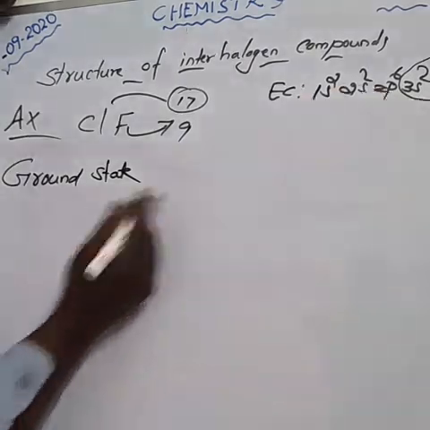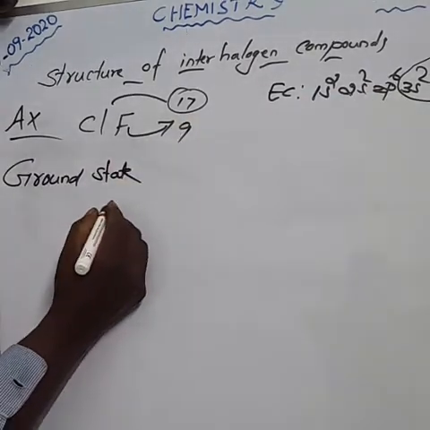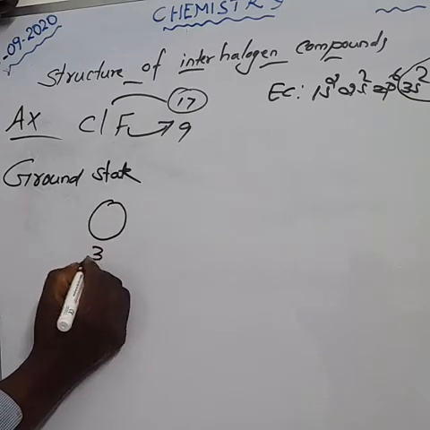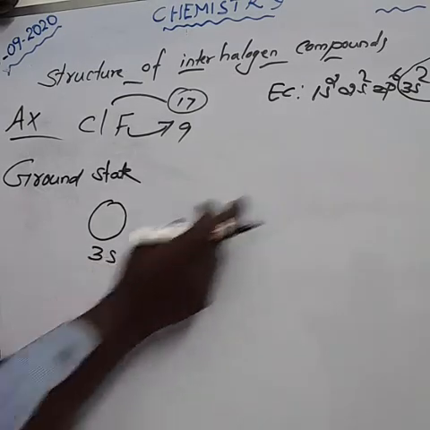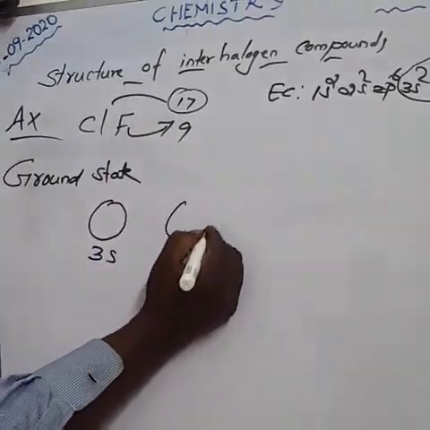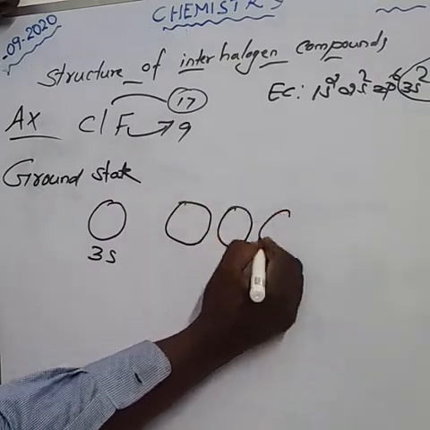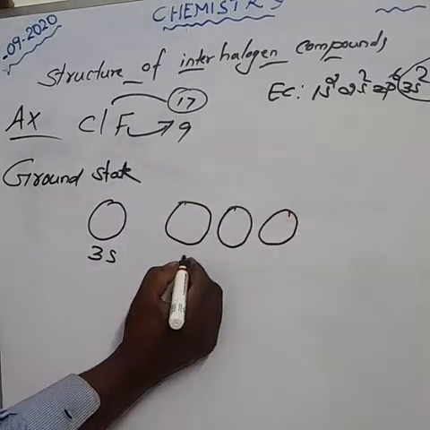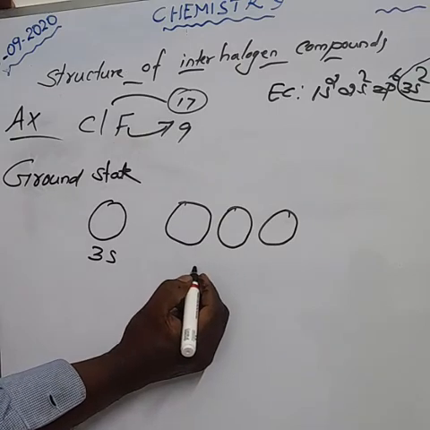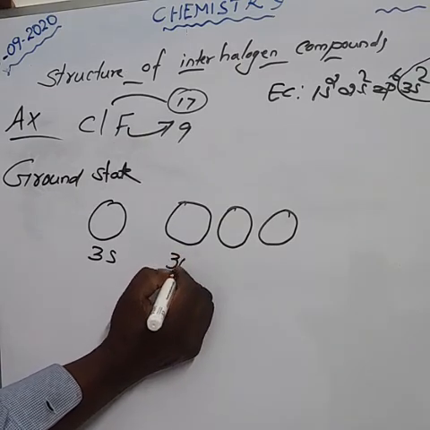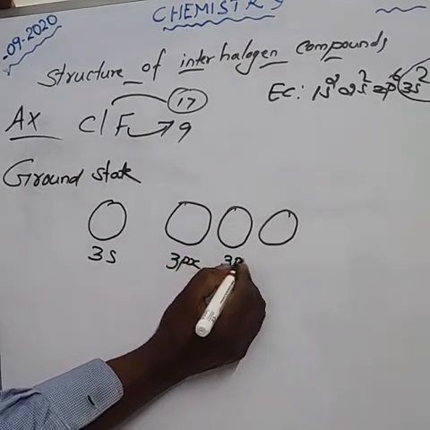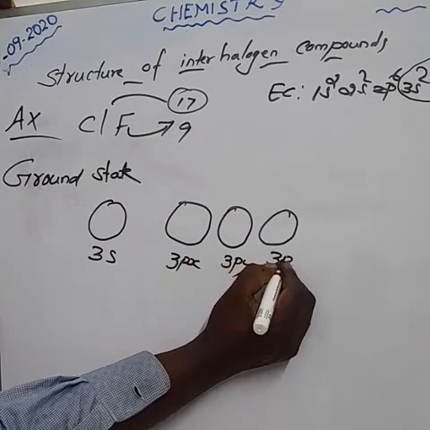Valence shell means there is a 3s orbital and 3p, and 3p is classified into 3px, 3py, 3pz. Am I right?